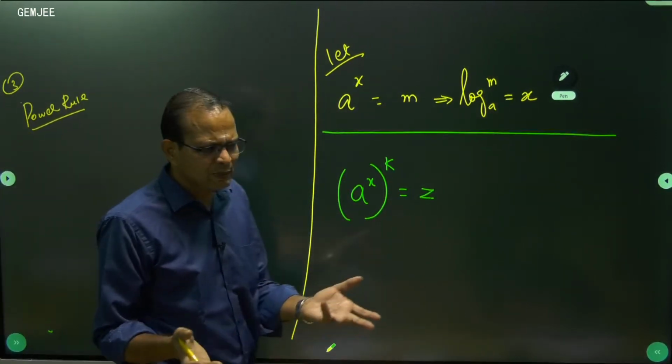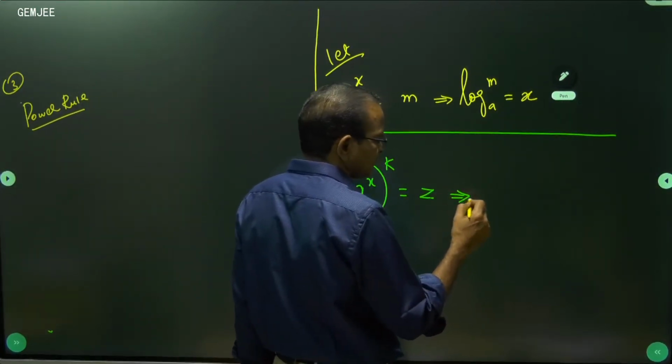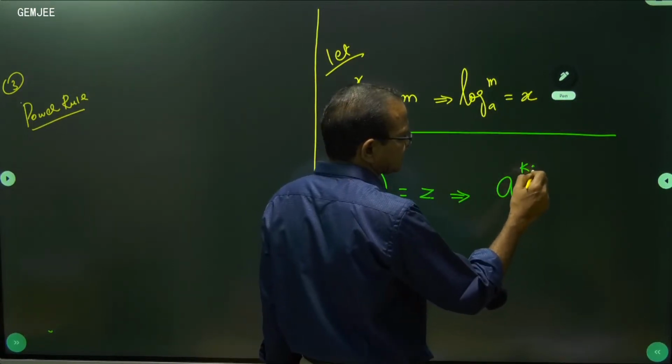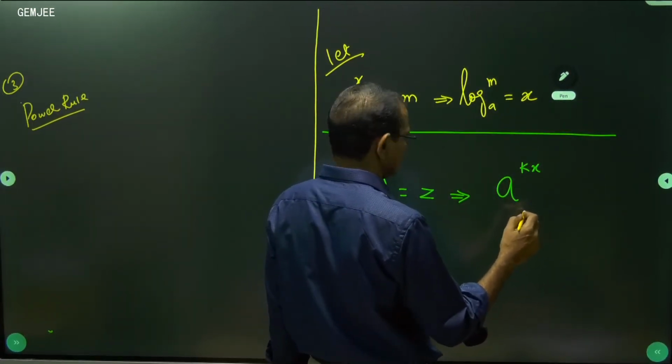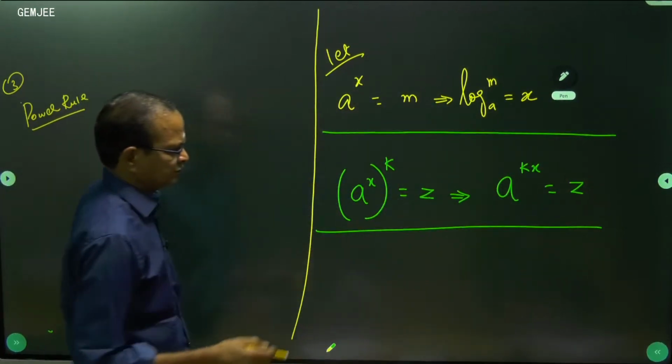Can we do that? I am just putting a power on it. What is wrong in that? So this gives you a power kx equal to z.